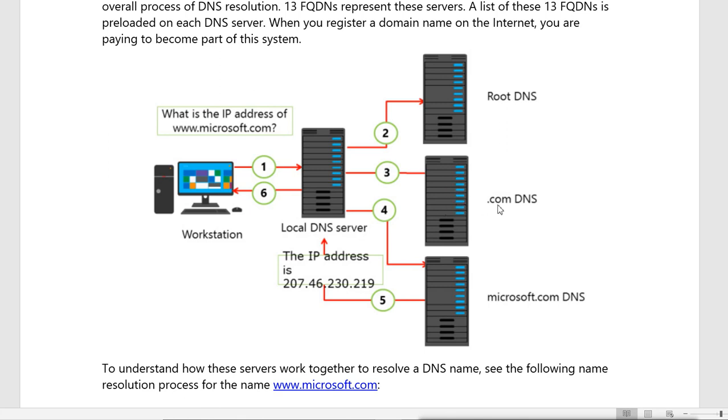Now for Microsoft.com, there is a record in the com server and it has the DNS server IP. So this server will send the reference to the local DNS server, saying you can go to this DNS server, and this is the DNS server of Microsoft.com.